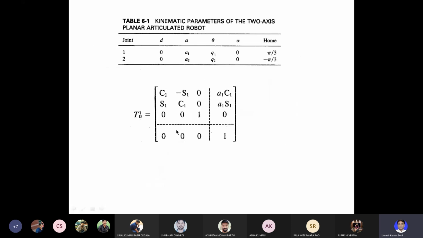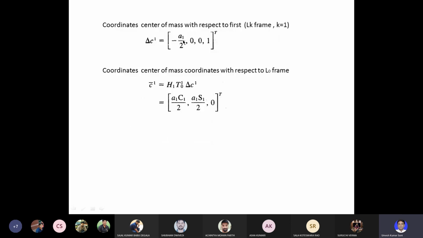So the x axis length is minus a1 by 2 and the remaining are 0, and 1 is added to get the complete 1 by 4 order vector.